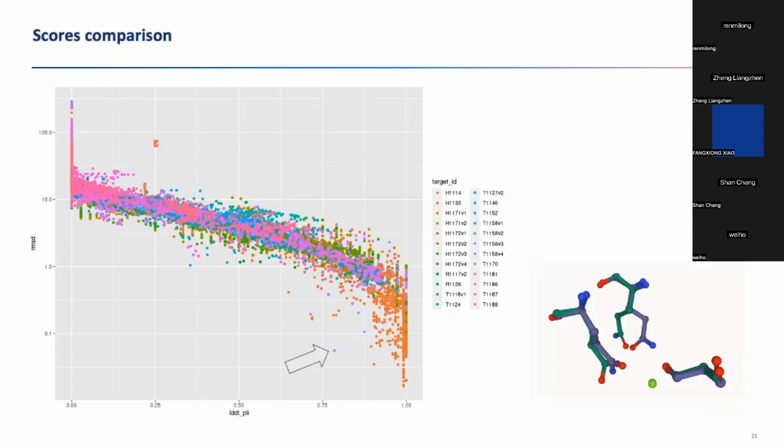There are a few outliers where the scores give you different information. Down here, the ligand is a small ion, and it's placed perfectly. But as you can see, the side chain in the binding site is rotated, and this is reflected in the LDDT-PLI, which goes down.